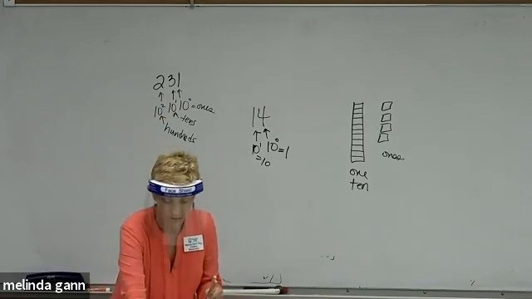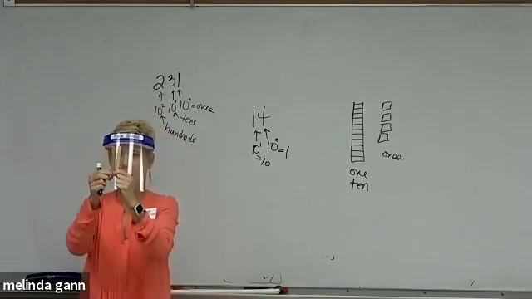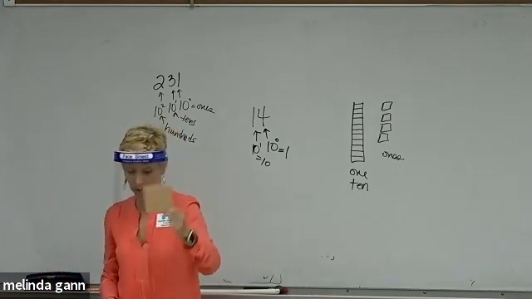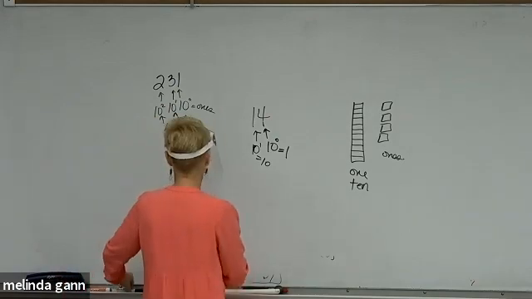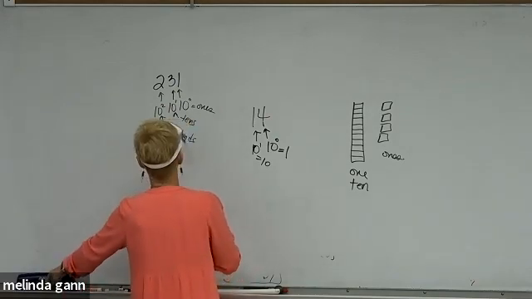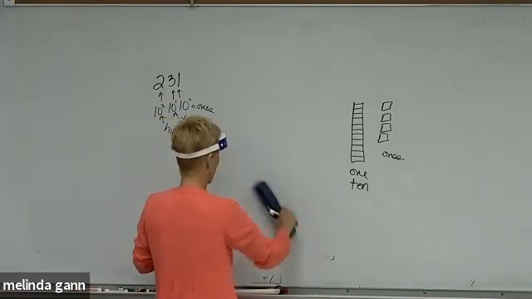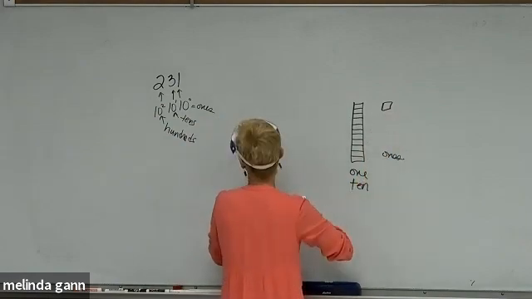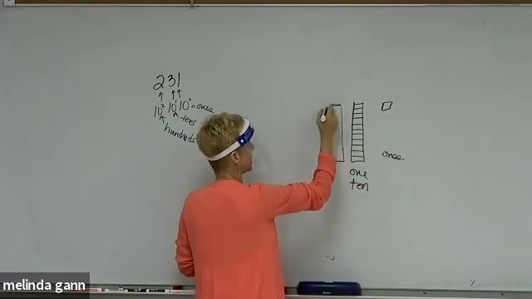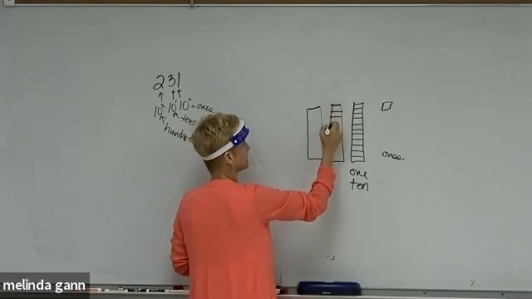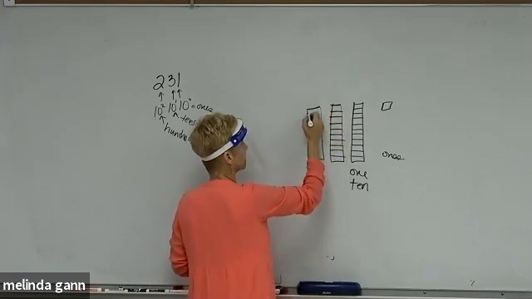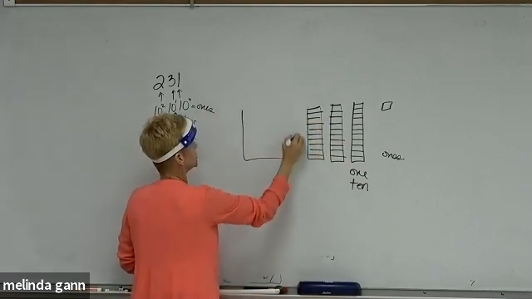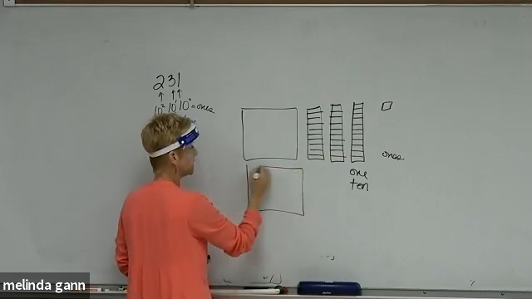Okay. So they have 3 of these. All right. And then how many of these flats would you expect them to have? 2. All right. So now, if they want to do 231, they only need 1 of those. They're going to need 3 of these rods. And then they're going to need what? 2 of these big flats. Is everybody with me?